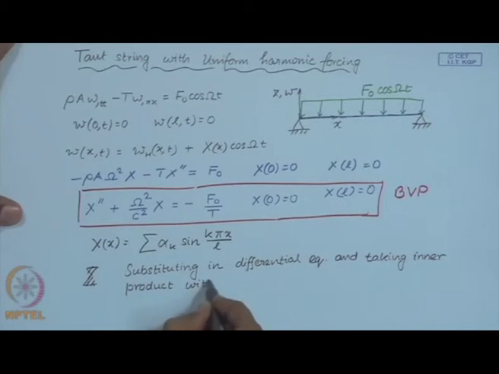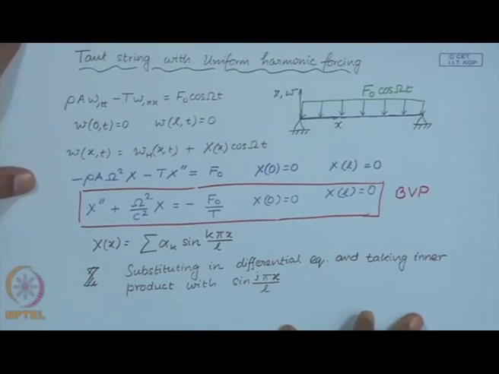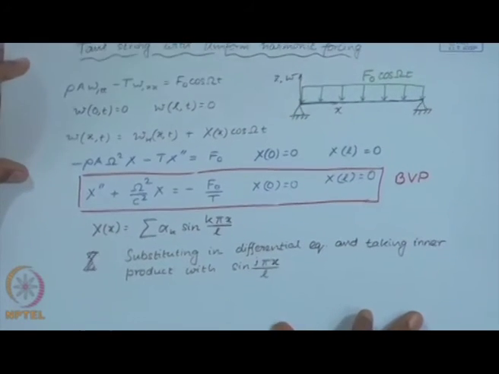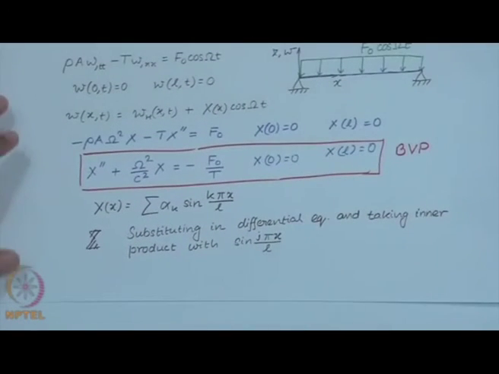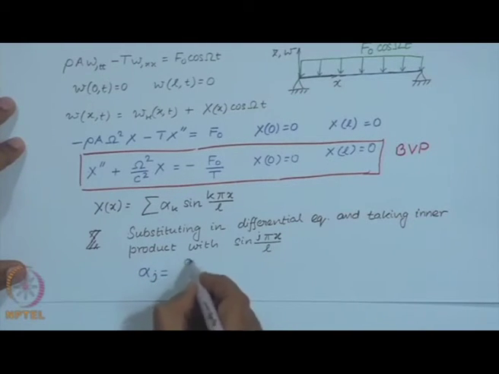With the jth eigenfunction. So, when I do that, I can obtain the solution of alpha j. These steps are straightforward.